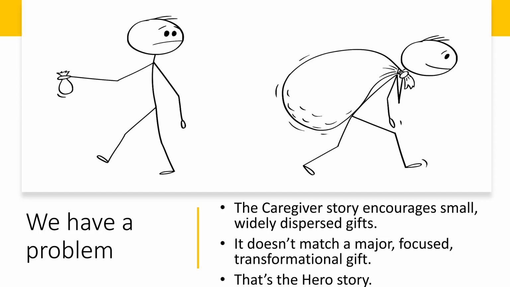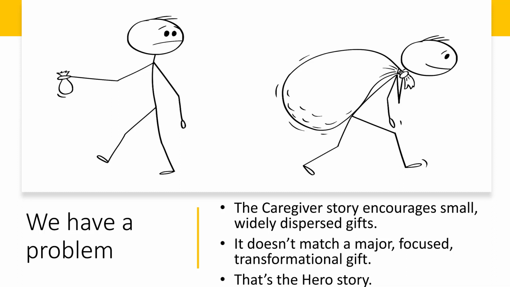If we want donors to make regular, small, scattered gifts in response to regular, small, scattered appeals, then the caregiver story works. But if we want to move the donor to make a major, focused, transformational gift, the story doesn't match. For those gifts, we must look to the hero.